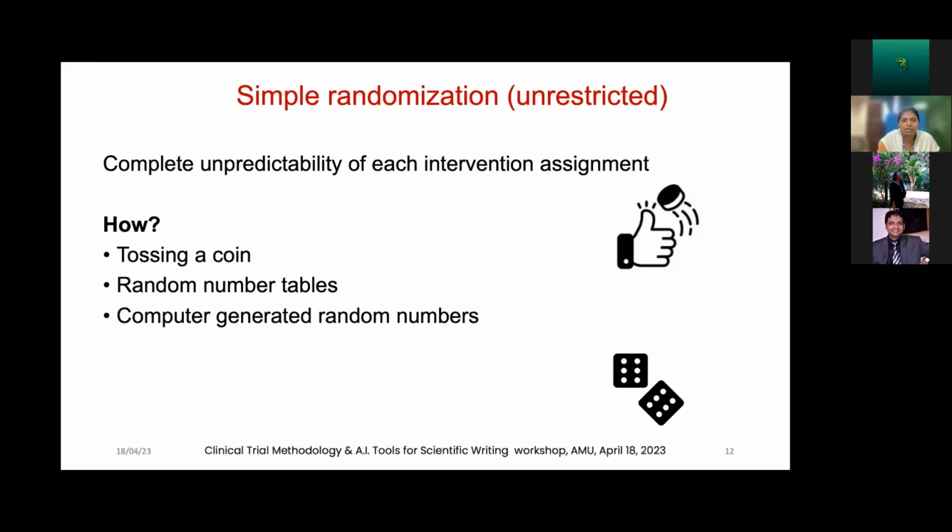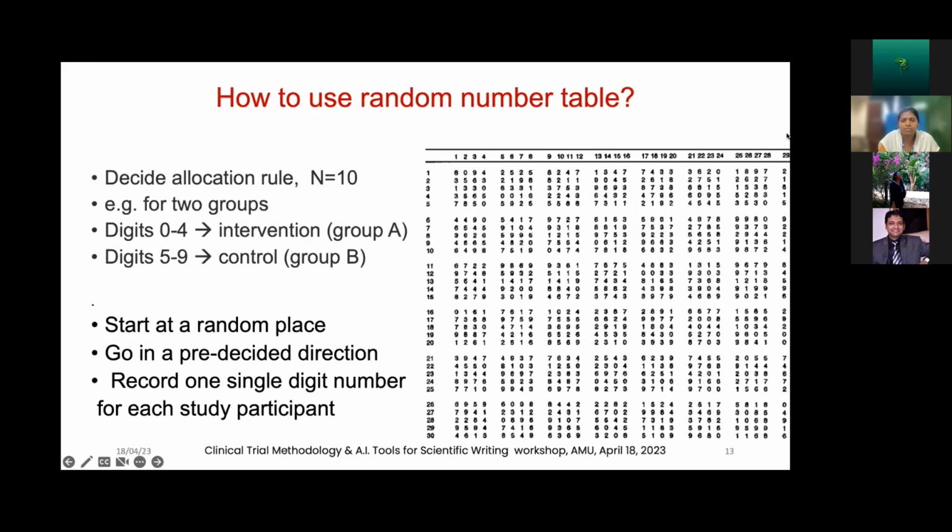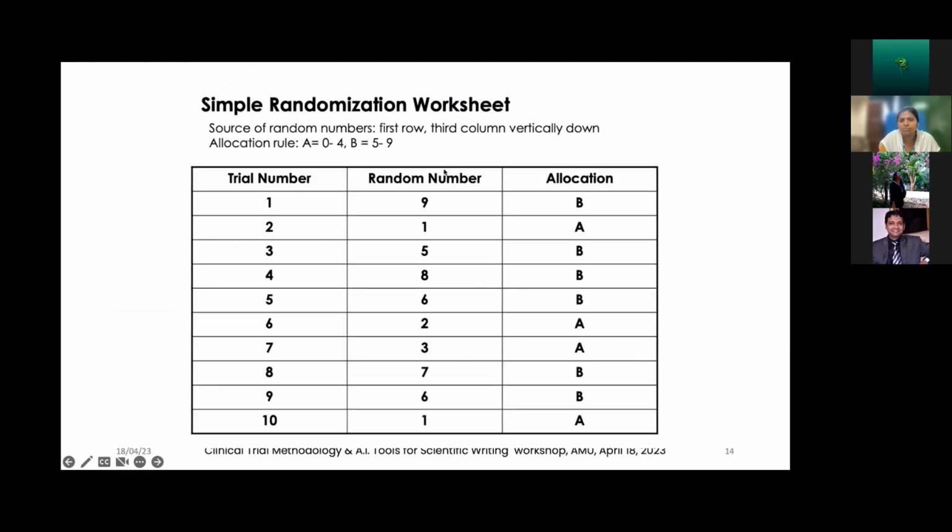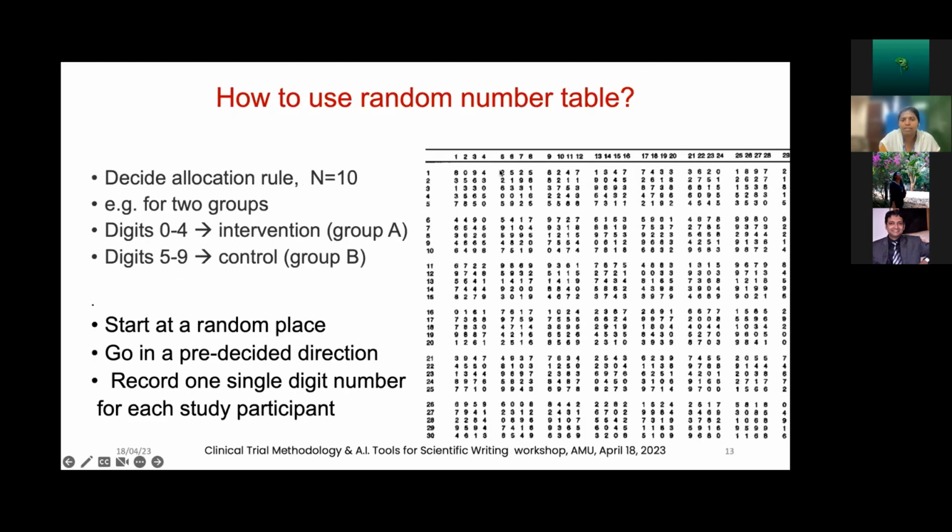Let us see how you do this by an example. I have just copy pasted a random number table. We have 30 rows and 30 columns of random numbers, which vary from 0 to 9 in some random order.